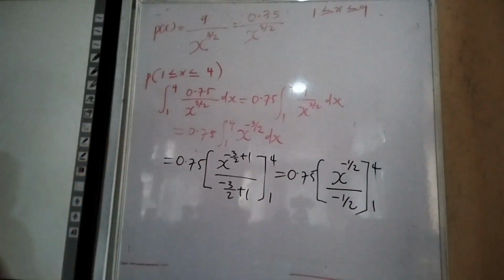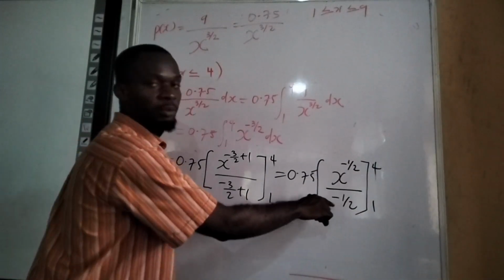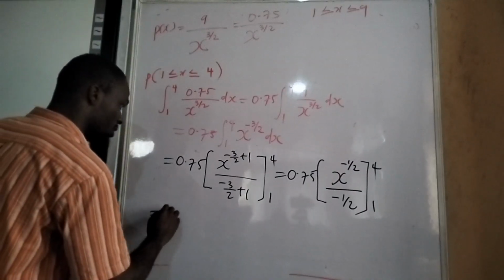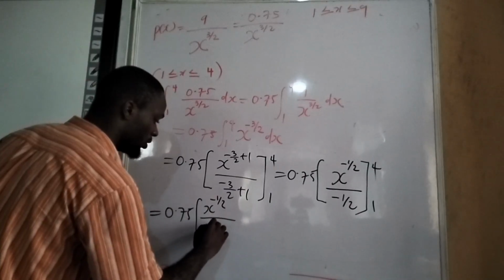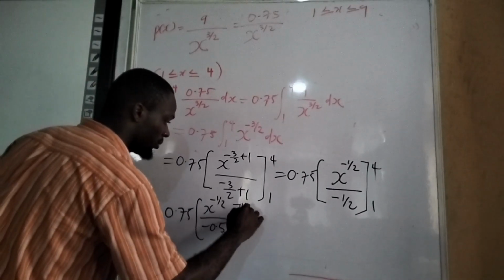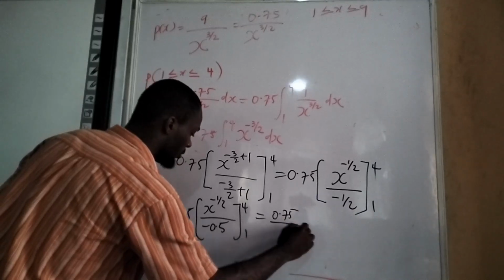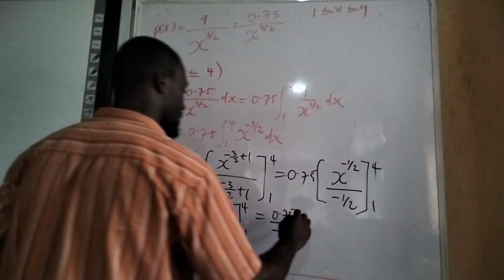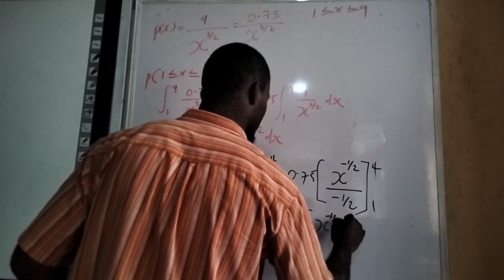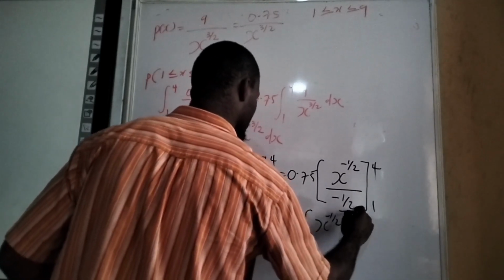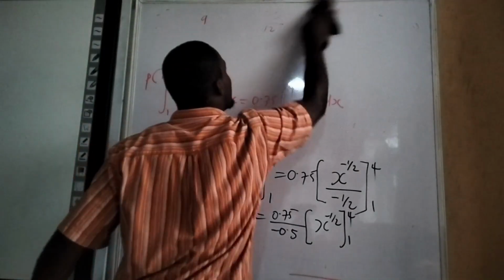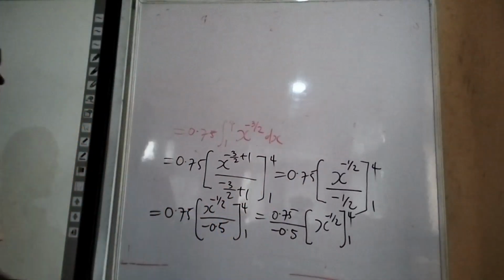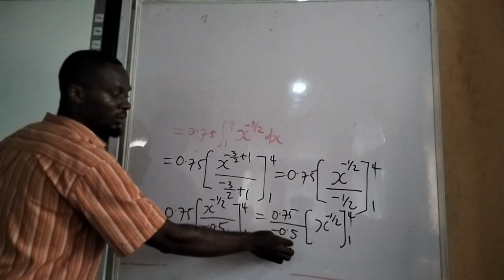Do you understand? That's what to do. So remember, you bring this one outside. So let's call it minus 0.5. Yes. So this is 0.75, x to the minus 1 over 2, over minus 0.5. This equals 0.75 over minus 0.5. So you punch this thing, what will it give us?